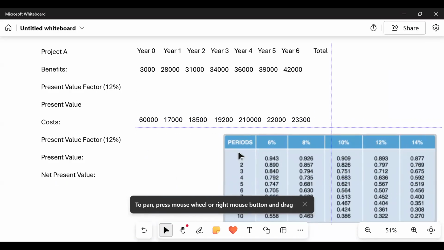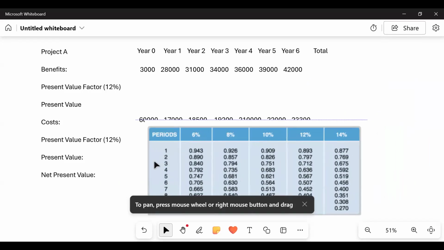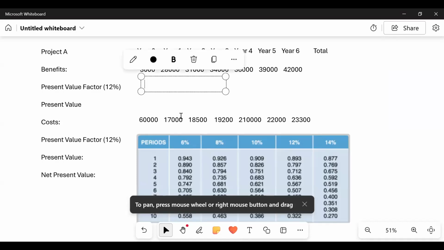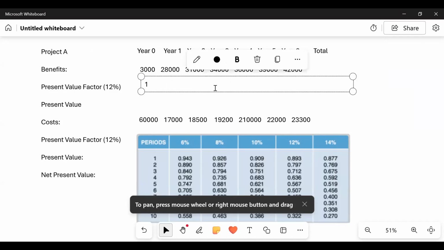You can look at the table. Right now I need only the 12% values, so the values will be the same. What is the present value factor for 12%? The initial, it will be 1, so no change.